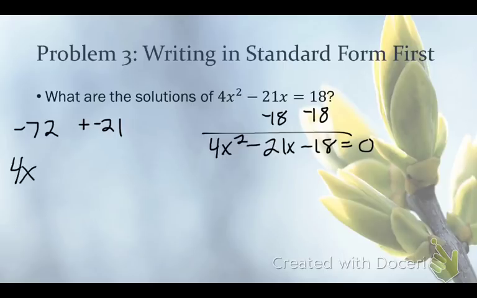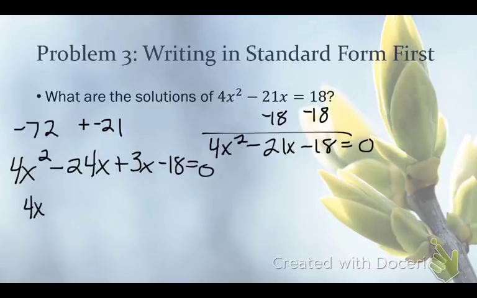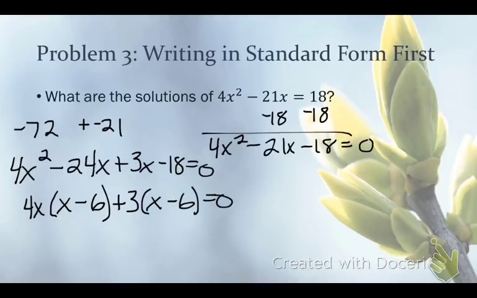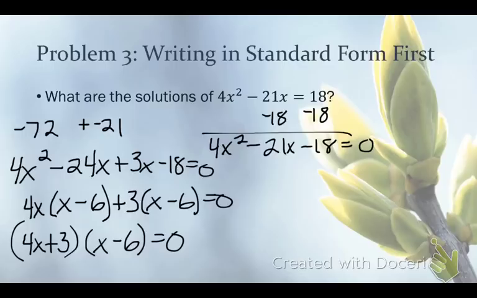4x squared, I'm going to move over here just for my space, minus 24x plus 3x minus 18 equals 0, and then factoring from there. I can factor 4x out over here, and I end up with x minus 6. I can factor out a 3, and I end up with x minus 6. So now I have 4x plus 3, x minus 6 equals 0.